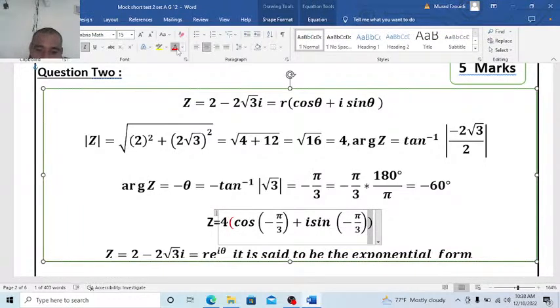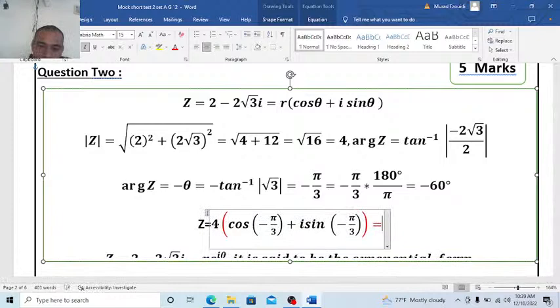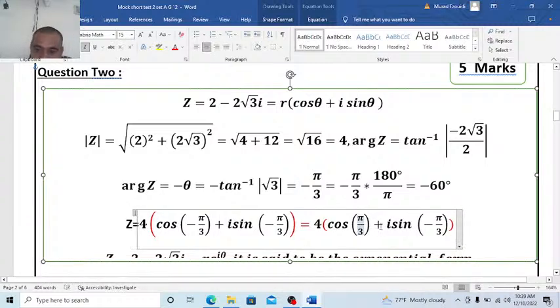If you would like to expand, you know that cosine of minus pi over 3 is cosine of pi over 3, because the cosine function is an even function, and sine of minus pi over 3 is negative sine of pi over 3, because sine is an odd function.